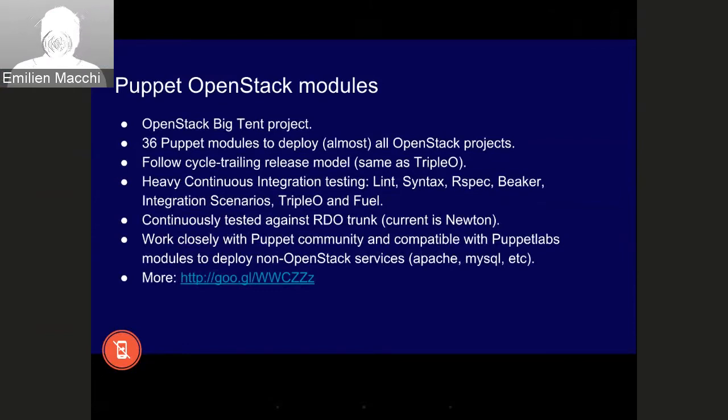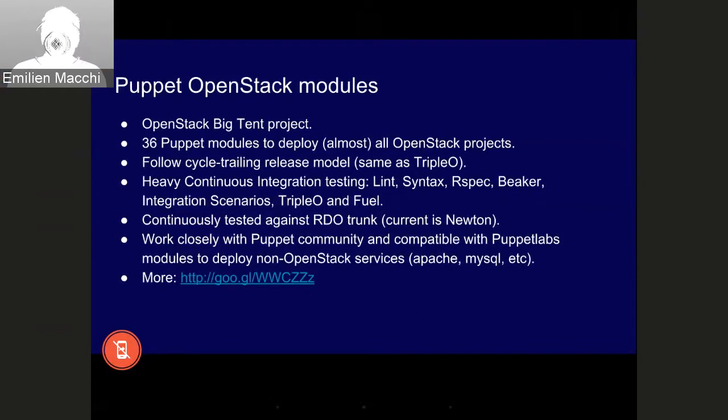We have huge continuous integration testing. We are testing a lot of things, and the exciting thing that we are testing is the actual TripleO jobs. So we are running multi-node testing on top of the Puppet modules.